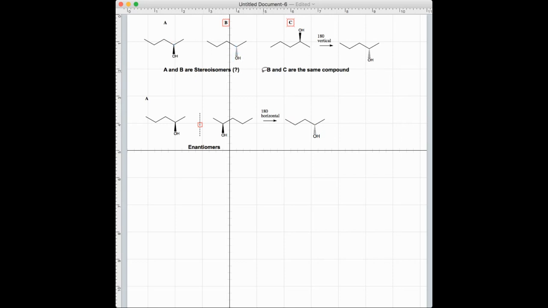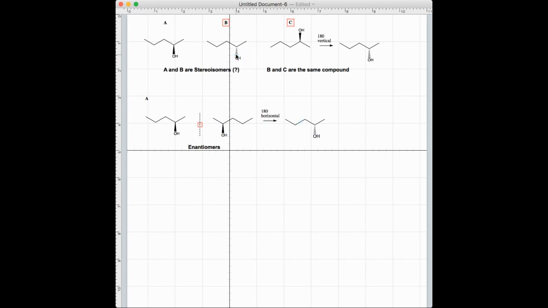Now the next question is, are they the mirror image of one another? What do you think? Is B the mirror image of A, yes or no? Yes, they are. So the mirror image of A is this compound here. But if you flip it, it's the same molecule just drawn in a different way.